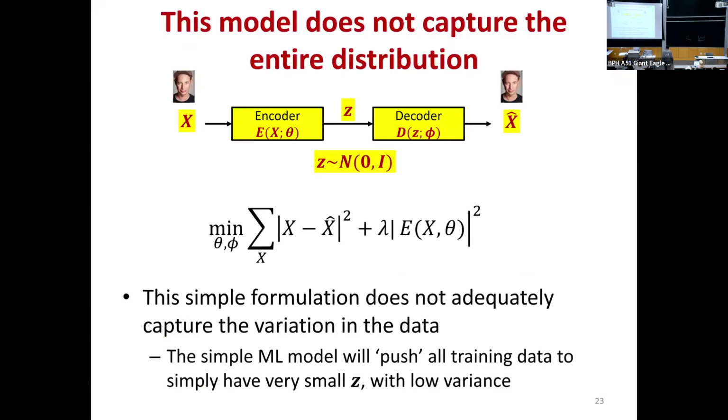But then here's a problem. This won't really work. I have some nice examples that Naisha computed, which I didn't manage to quite get on the slides. What would happen if I minimize norm z squared? Is the distribution of z going to be Gaussian?